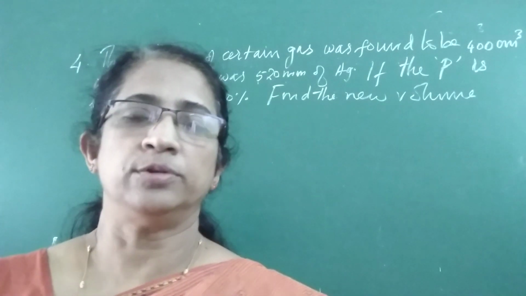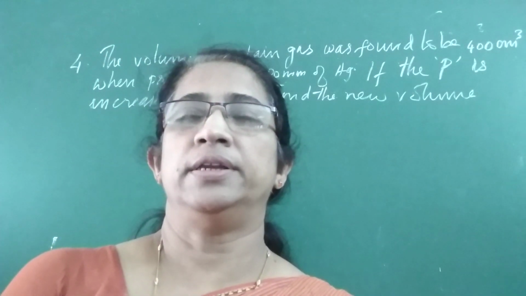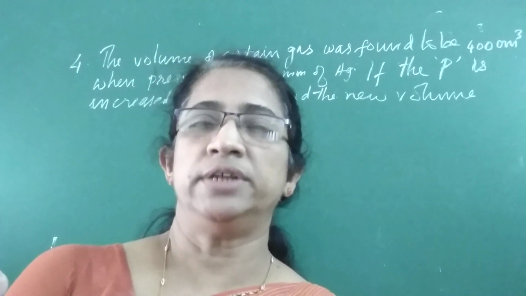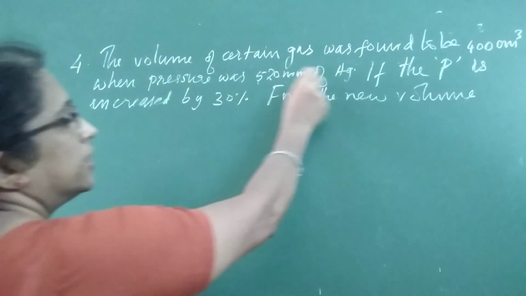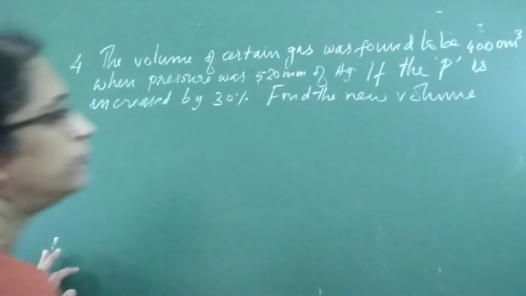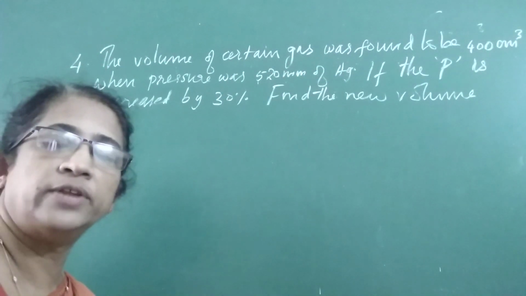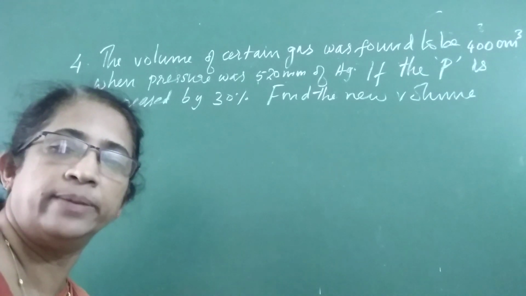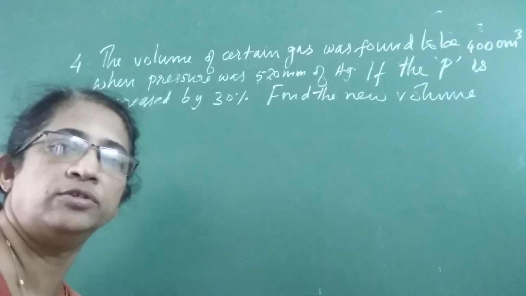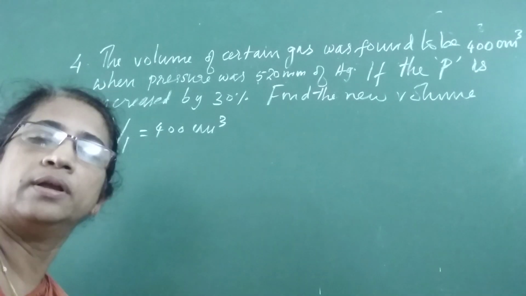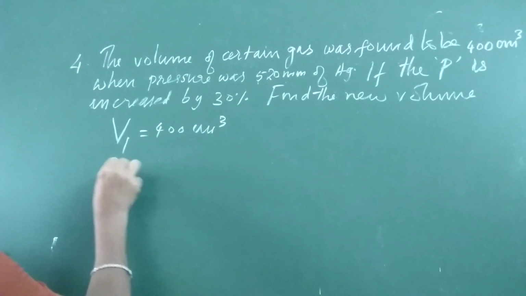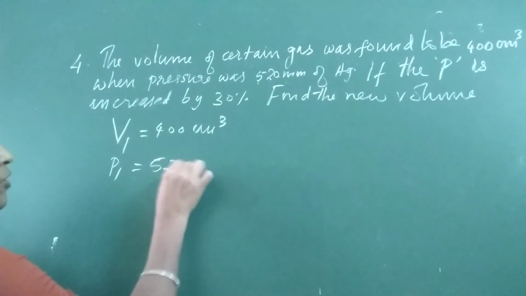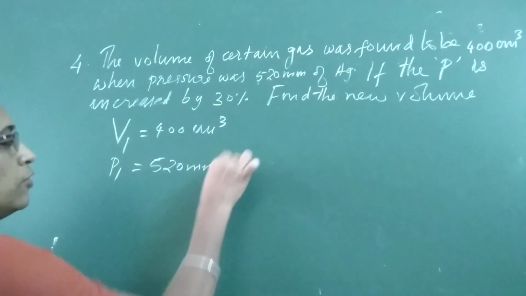So read the question and find the answer. At constant temperature, the initial volume is 400 cm³, that is V1 is equal to 400 cm³, and the pressure is 520 mm of mercury. So P1 is equal to 520 mm of mercury.